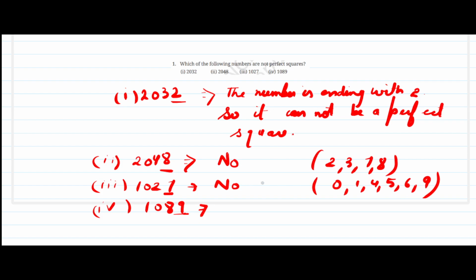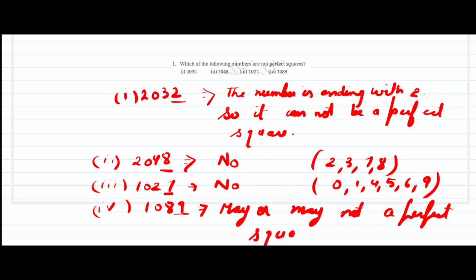So the number is ending with 9, and I've told you earlier that it may or may not be a perfect square. And how to figure out whether it is a perfect square or not? We will figure it out in the coming questions. Okay, so question number now.